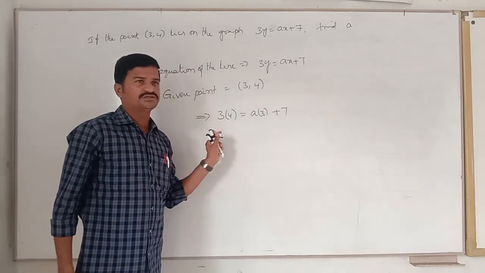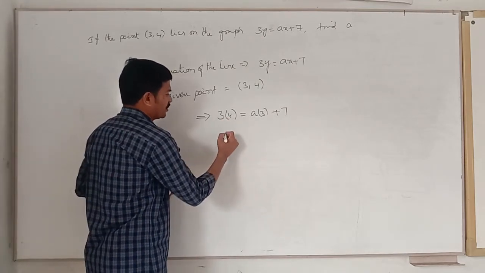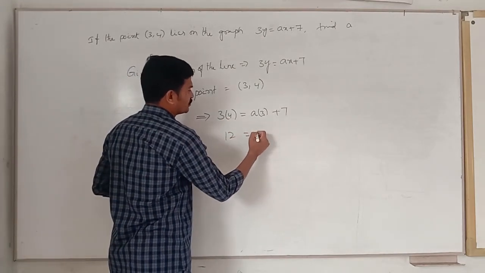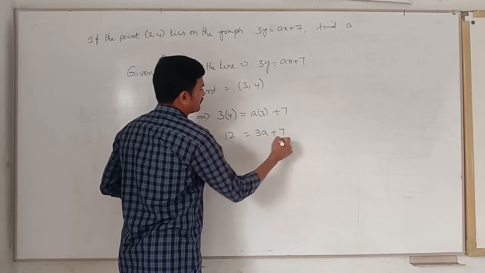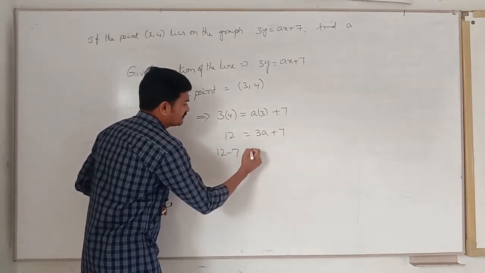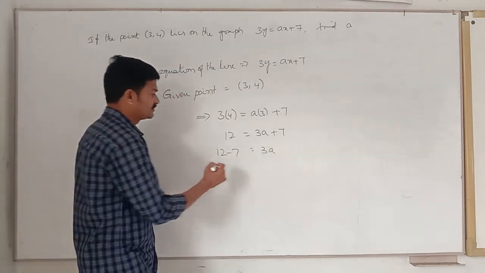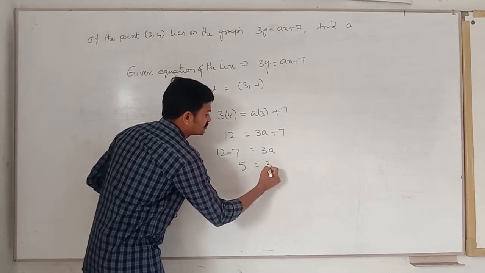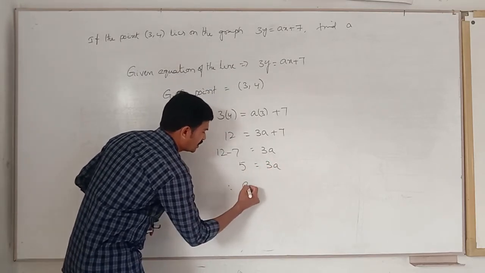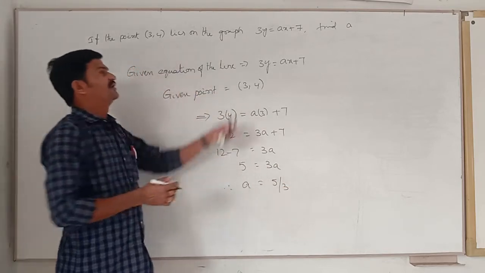Have you all understood how I substituted here? Now 12 minus 7 equals 3a. 12 minus 7 is 5, so 5 equals 3a. Therefore a is equal to 5 by 3. This is the value of a.